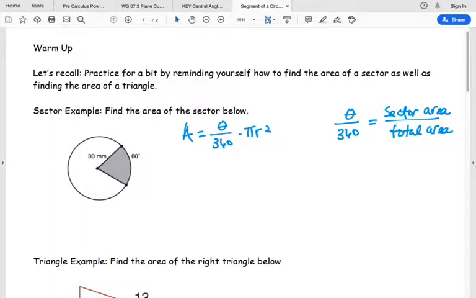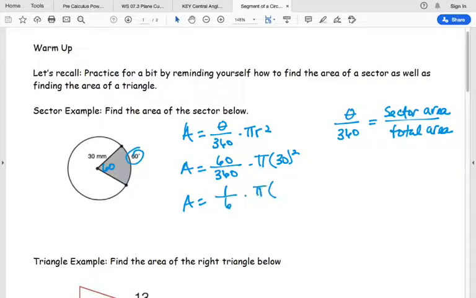I'm going to use the formula, so I'm going to say area equals, my angle measure is going to be 60 degrees because the central angle always equals the arc measure, so 60 over 360 times pi, and then my radius is 30, so you'll square that. Multiplying that out, 60 over 360 is 1/6 times pi, and 30 squared is 900.